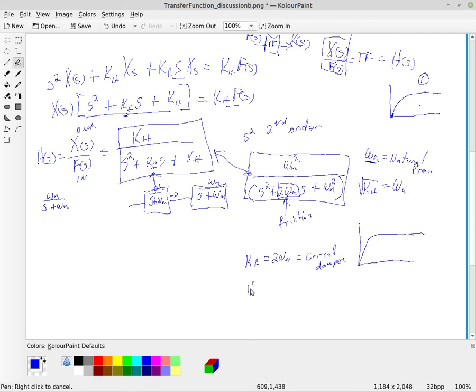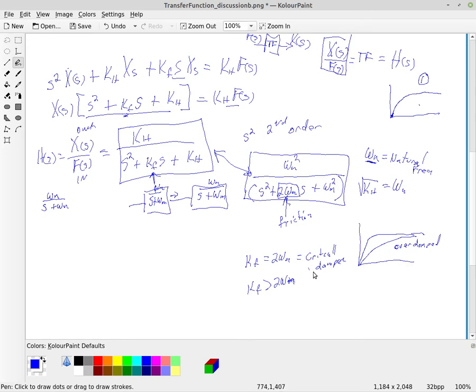If Kf is greater than 2 omega n, then you have even more friction, and the system is going to be overdamped, which means it's going to be a very, very slow system, and it'll look almost like the original system. So there'll be no oscillations.